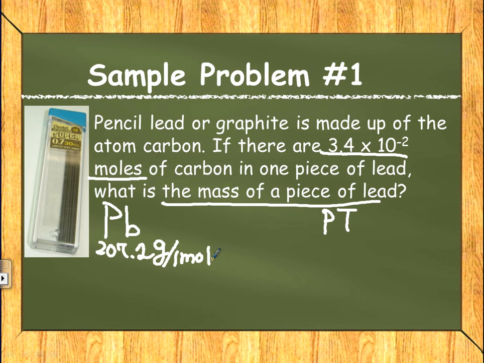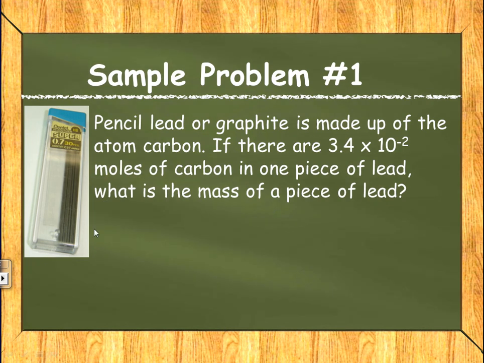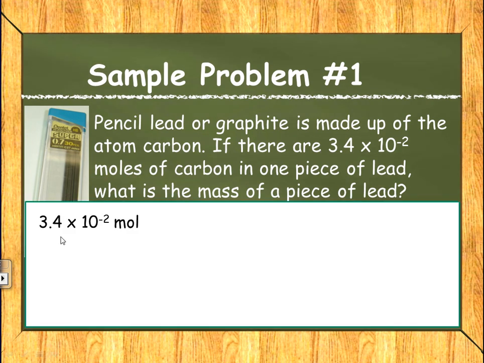So now I have another conversion factor. Let's set it up. I'm going to erase this so I can make some room for my equation. I have 3.4 times 10 to the negative 2 moles, and that's what you said I need to start with, right? And I found the mass for 1 mole from the periodic table.